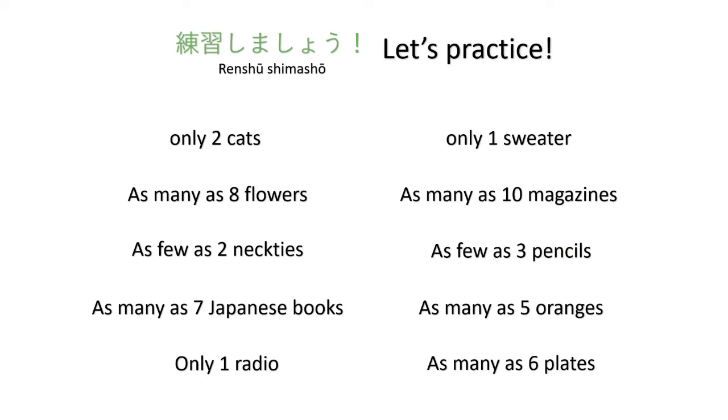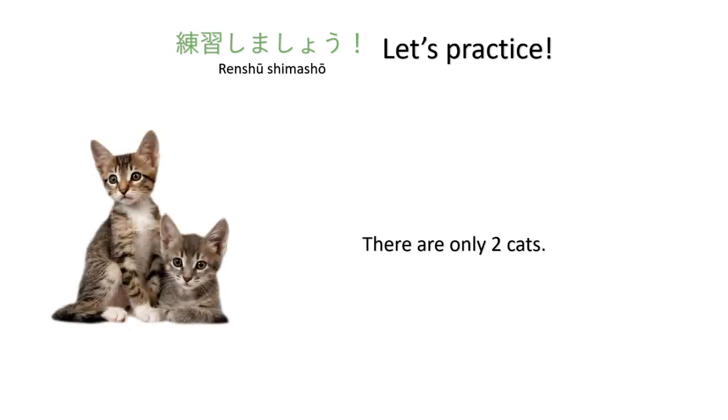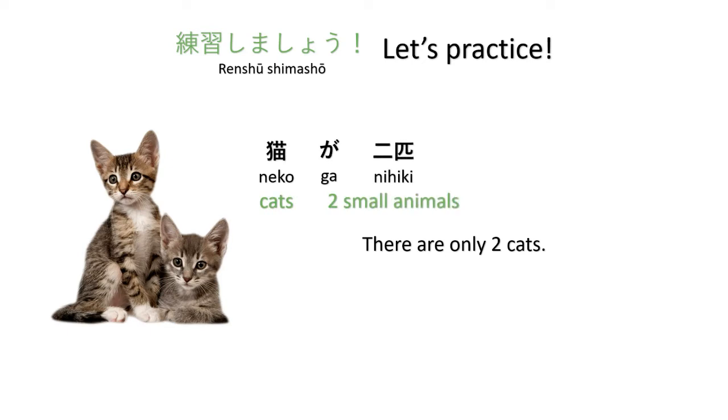Alright, let's try and formulate sentences using these examples. Alright, there are only 2 cats. Neko ga 2匹. So hiki, counter for small animals. Shika imasen.